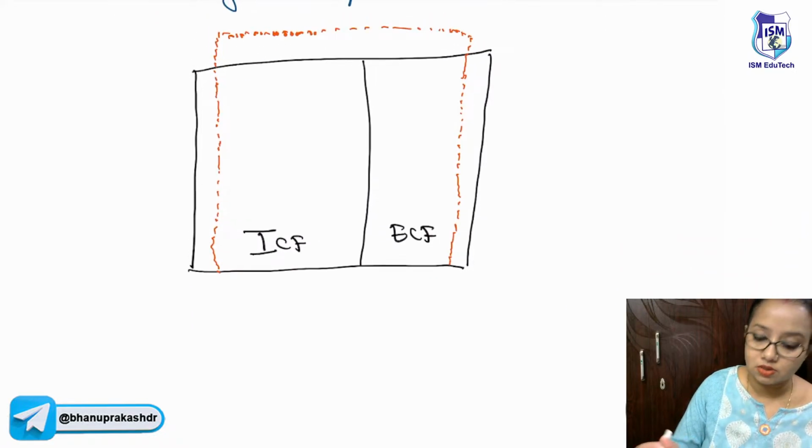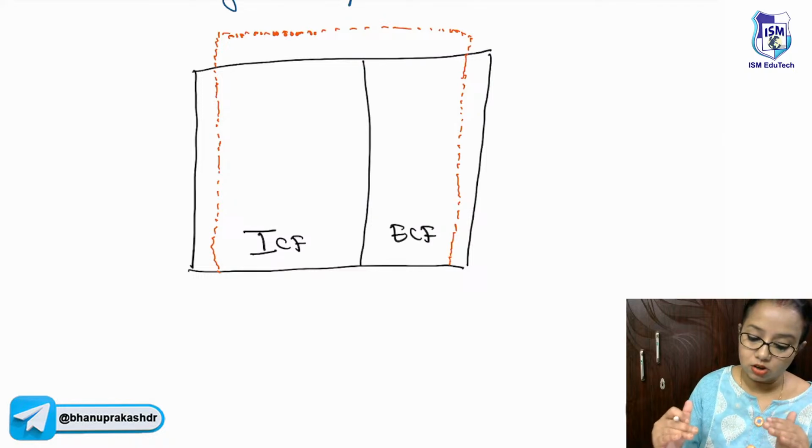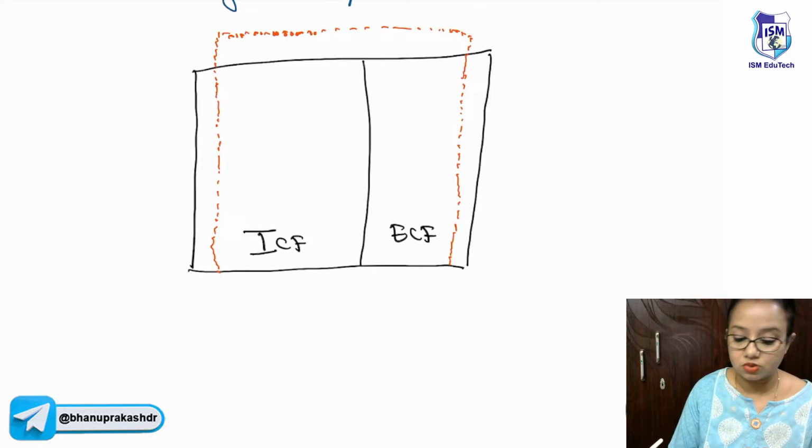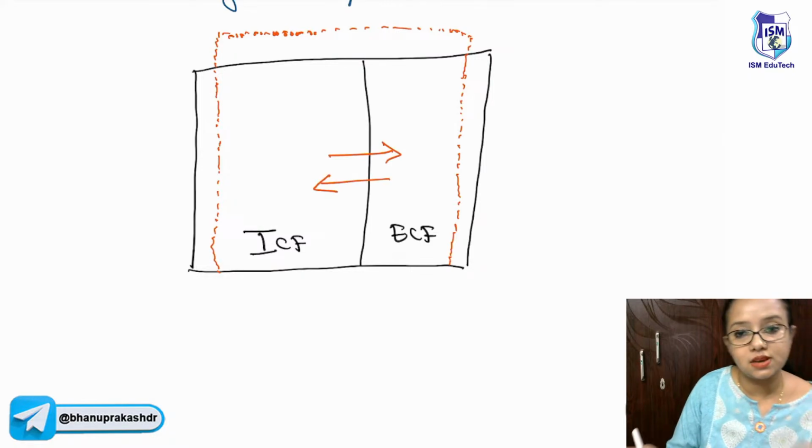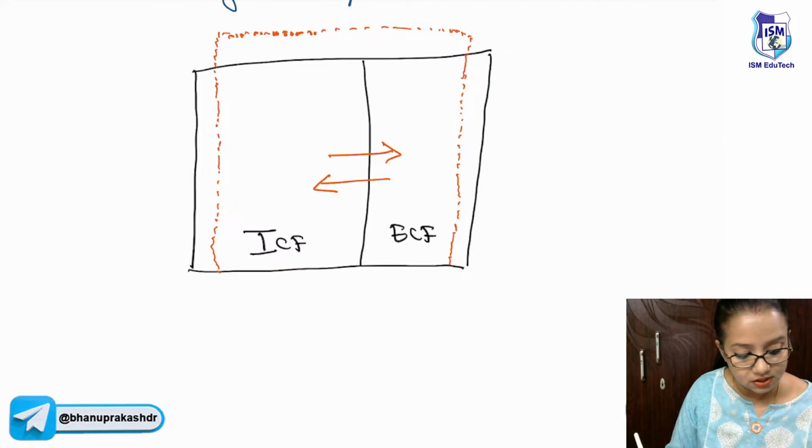Okay, so here actually what happens, once there is a loss of water with a little bit of salt, the shifting happens from ICF to ECF as well as from ECF to ICF until they are stabilized.